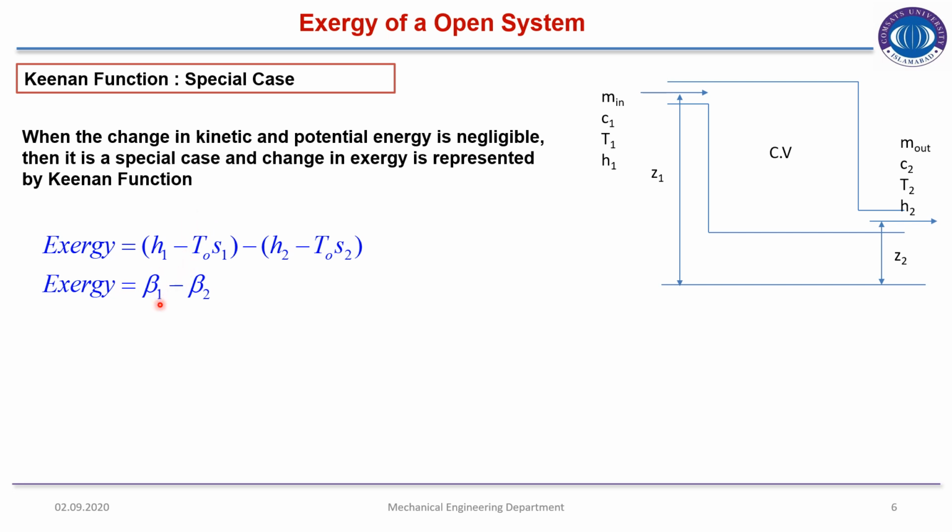So here beta, or Keenan function, is equal to enthalpy minus T naught, where T naught is the dead state temperature, times S1, the entropy at the inlet. So exergy in terms of Keenan function can be written as H1 minus T naught S1 minus H2 minus T naught S2. So in terms of Keenan function, exergy is equal to beta 1 minus beta 2.